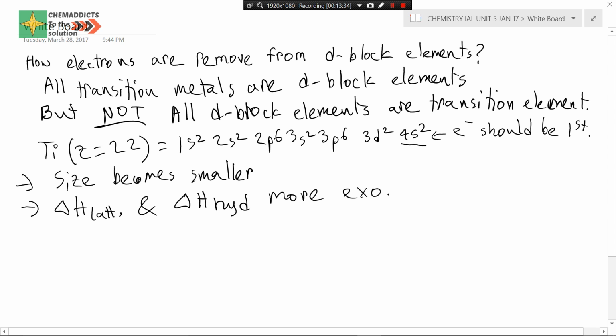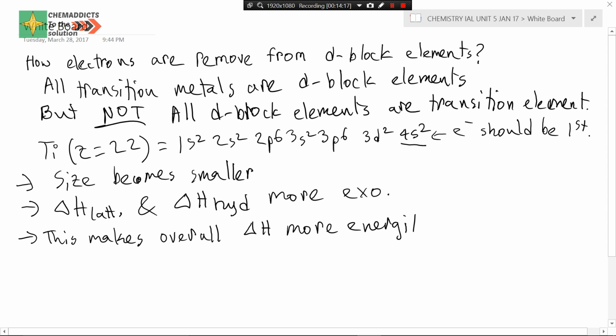As a result, the overall enthalpy change for the reaction becomes more energetically favorable if 4s electrons are lost. So this makes the overall delta H more energetically favorable.